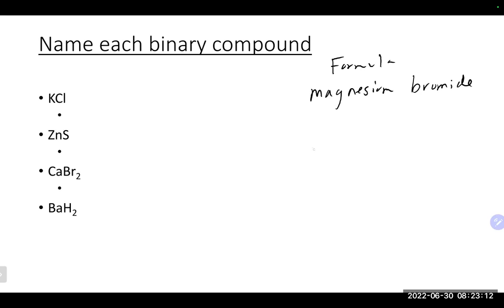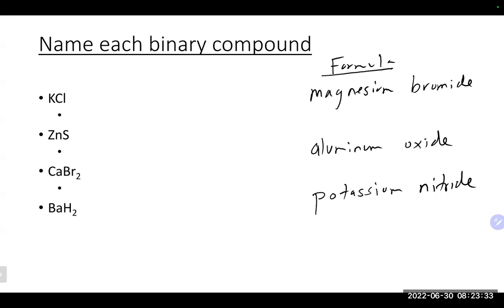Let's do aluminum oxide. Let's do potassium nitride. So names on the left, and we'll do formulas on the right for magnesium bromide, aluminum oxide, and potassium nitride. So take a couple minutes.